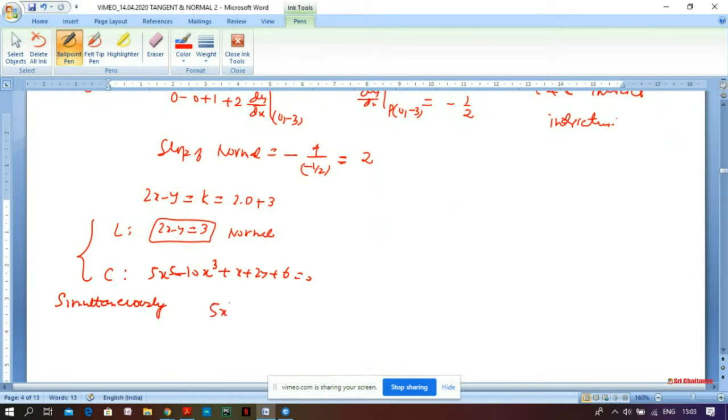So let's do that. 5x to the power 5 minus 10x cube plus x plus twice y. Y you can put, so this gives you y is 2x minus 3. So we write 2x minus 3 and plus 6 equal to 0. That leads to 5x to the power 5 minus 10x cube, and this becomes plus 5x, and minus 6 plus 6 becomes 0.